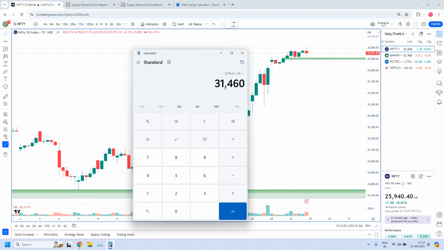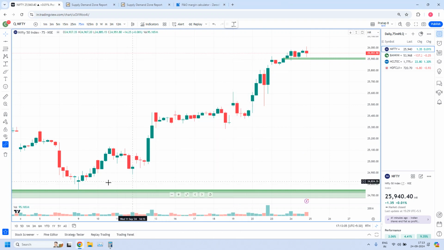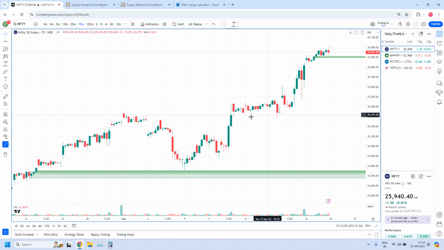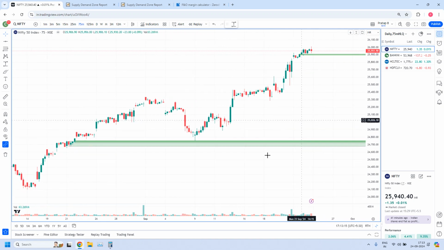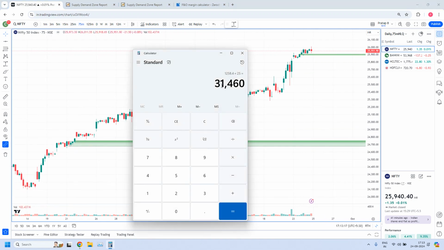I am telling this especially from a swing trader's point of view. Swing traders who have not taken the NeoStock subscription, still you would have got this money, 30,000 rupees. Now it would be easy for you, just spend 5,000 rupees from this and take the subscription.